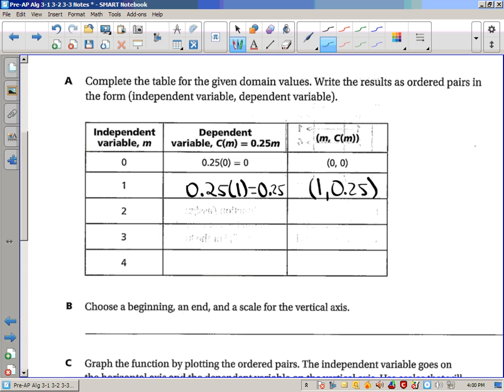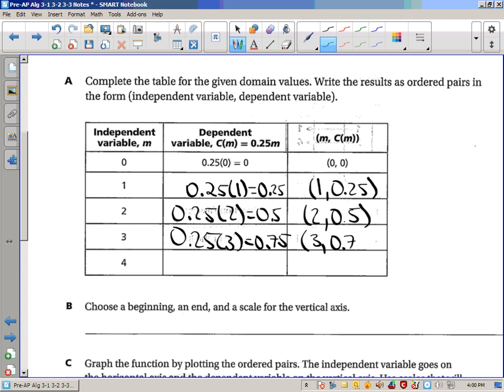So I'm going to keep going. 2 times 0.25 is 0.5. And this is 0.75. And the last one will be 1.